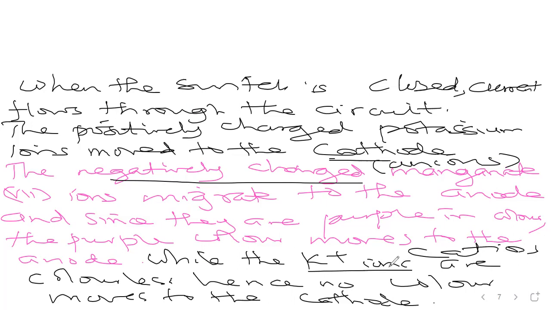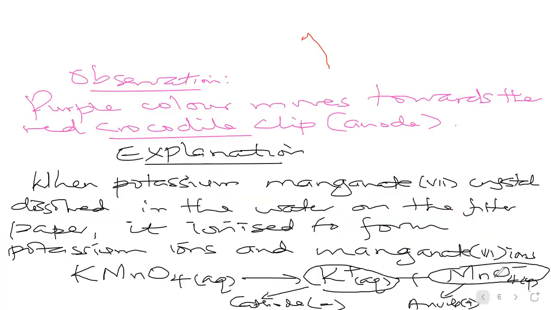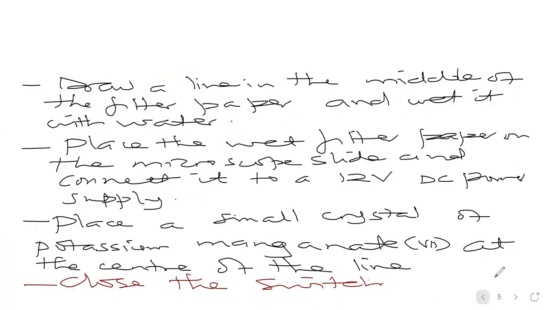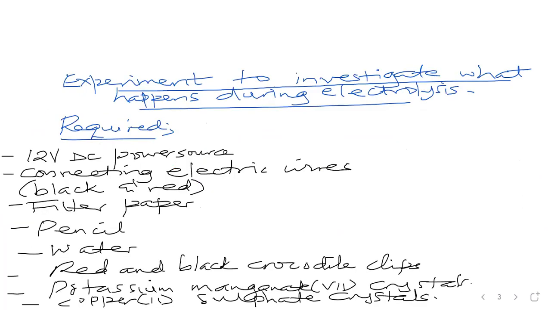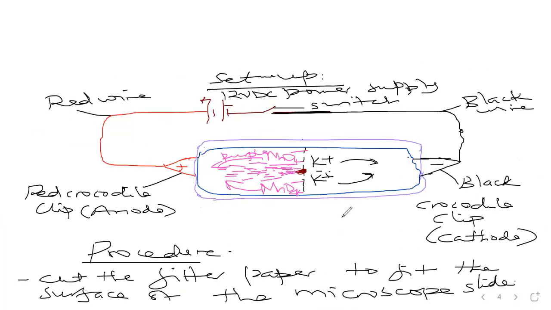I'm going to make a small change in this experiment, and instead of potassium permanganate, I want to use another compound. The compound I want to use is now copper 2 sulfate crystals. Copper 2 sulfate crystals are blue in color.